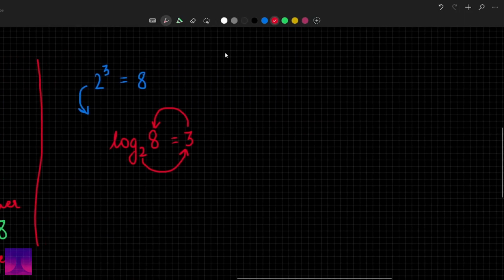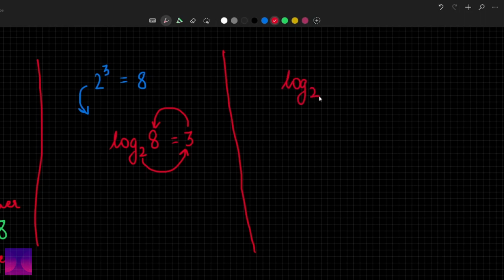Now let's look at some examples to understand this more. Let's say you get something like log base 2 of 1 by 4. How do you find the answer? It's pretty simple. Let's equate the whole thing to x.